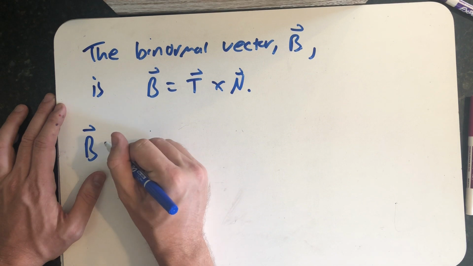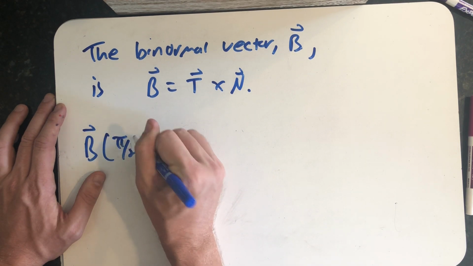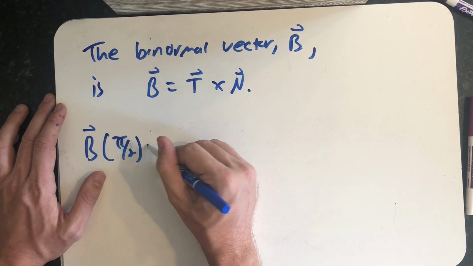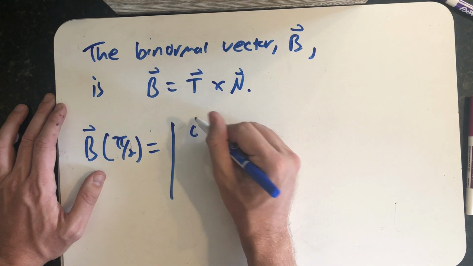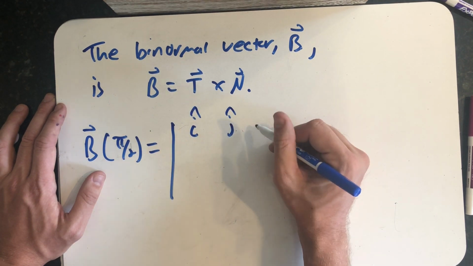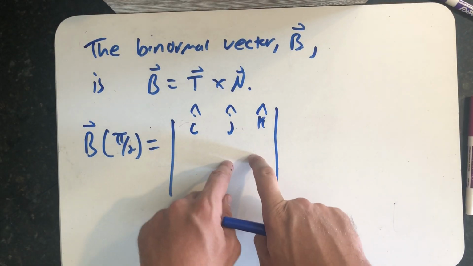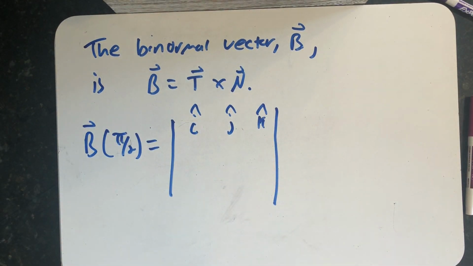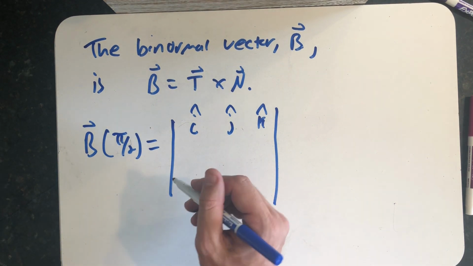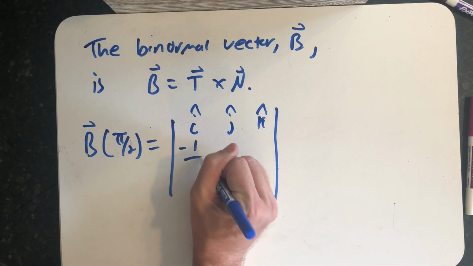So let's find b of pi halves for our previous example. To find b of pi halves, I just simply need to plug in t and n, and since I've already evaluated those vectors at pi halves, I can just plug those quantities in.